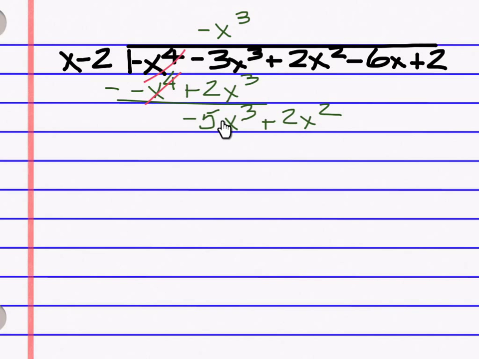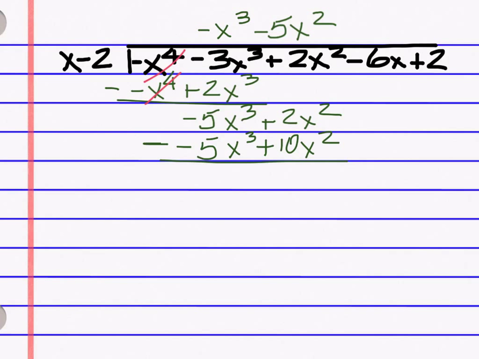X times what is -5x to the third? -5x squared. This times this gives me this. So what I've done to this, to get this, I must also do to this here. Negative 5x squared times a negative 2 is what? Positive 10x squared, and don't forget to put down the negative 5x to the third.